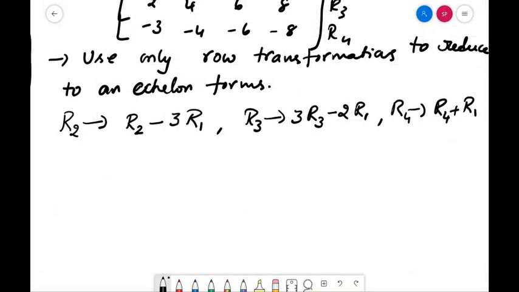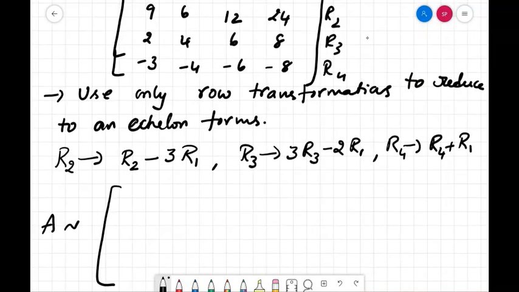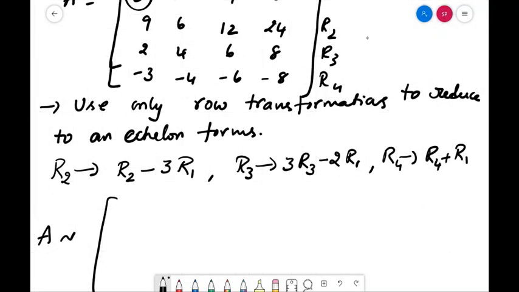So if I apply these operations, then what am I going to get here? I have the first row unchanged: 3, 2, 4, 8.